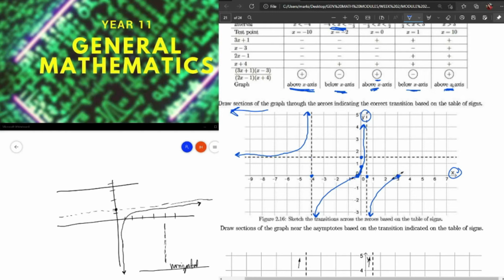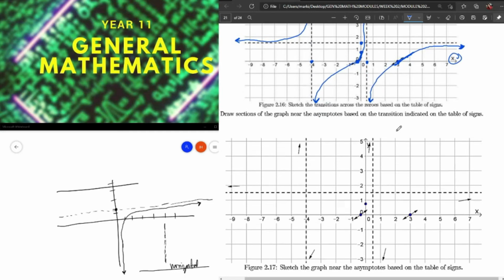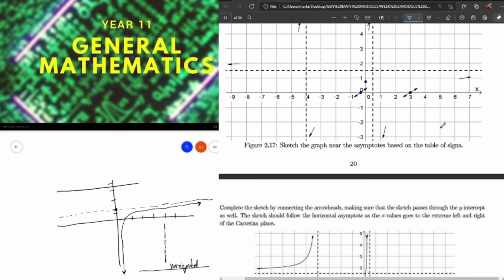And then above the x-axis, of course, you're not going to jump there, so you're just going to stretch. Here. Oh, there you go. Okay, so that is the behavior of our graph.